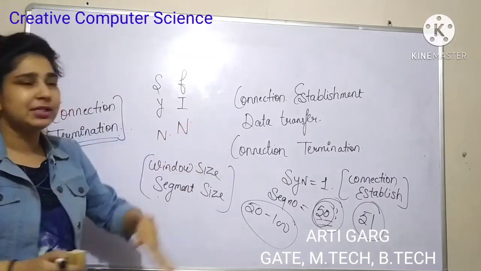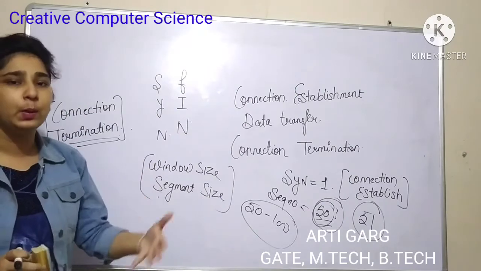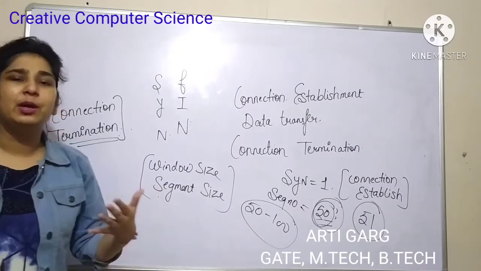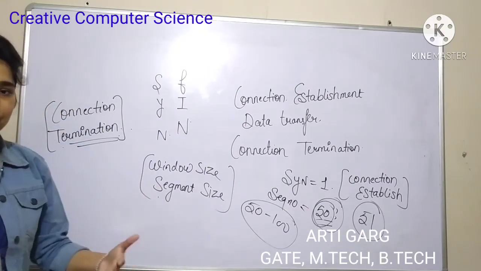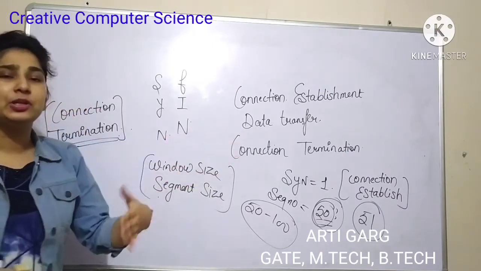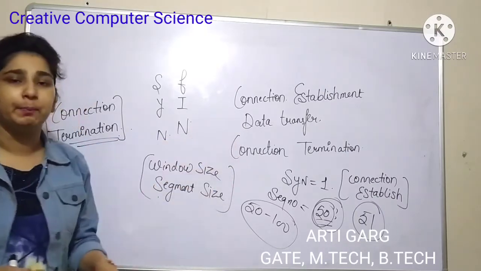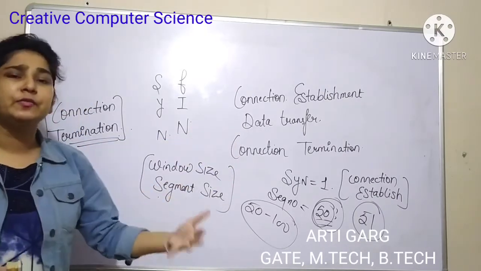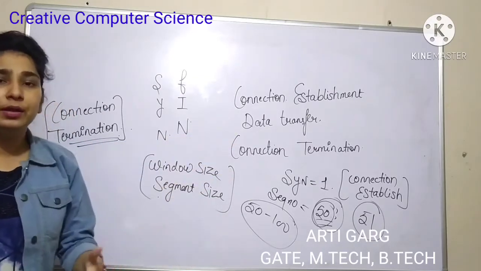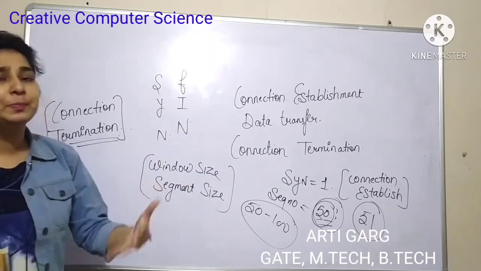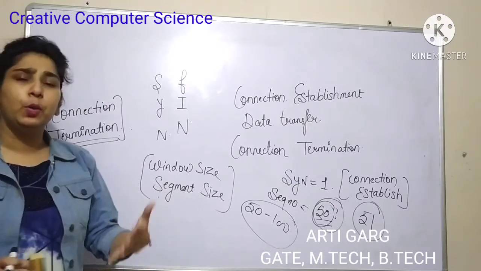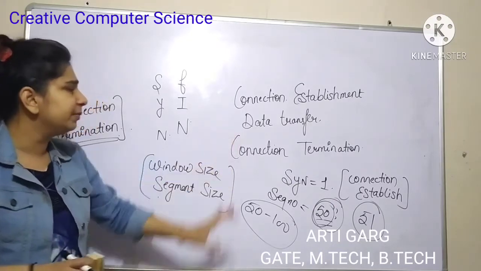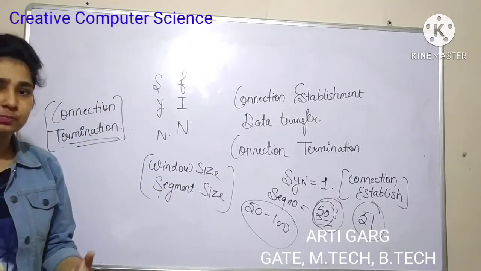Initially, you are establishing a connection with the receiver. You are just sharing the basic knowledge with each other. Then you are actually transferring your data. Now your transfer of data is over. You have transferred your complete data. Now what do you want to do? You want to terminate your connection.